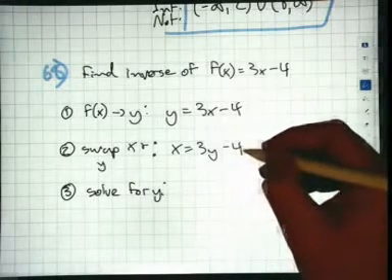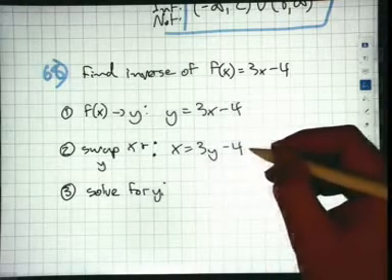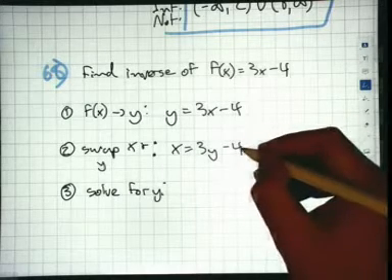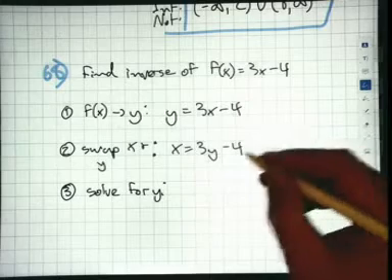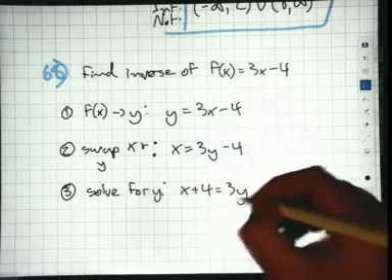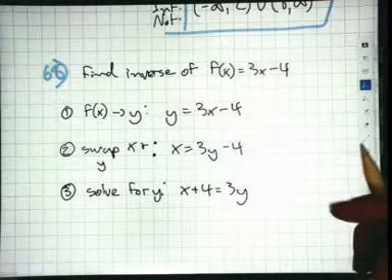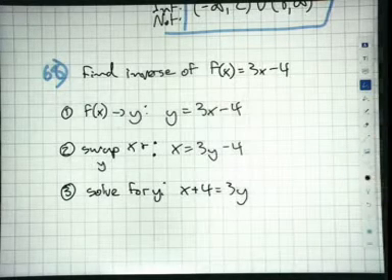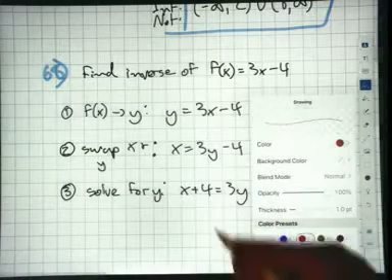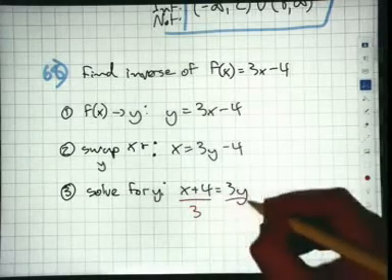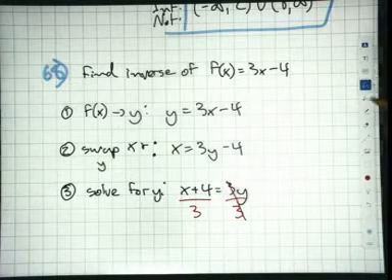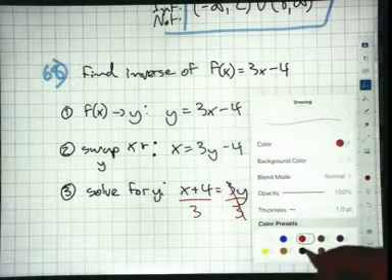So from this equation, I've got to get y by itself. How do I start getting y by itself? Well, the first thing I might do is add the 4 to the other side. And then the second thing that I would probably do is divide everything by 3, because that's going to get rid of my 3 that's hanging out with my y.